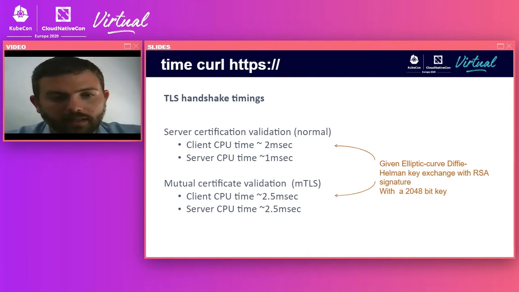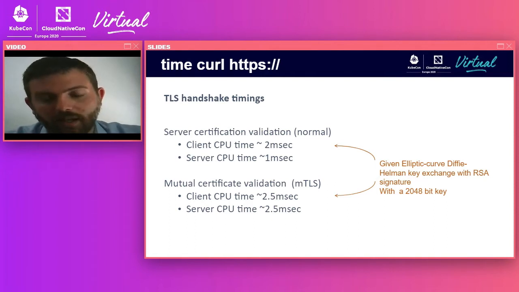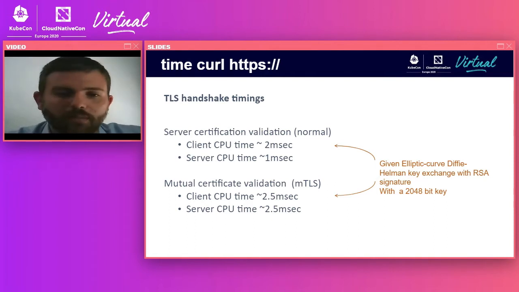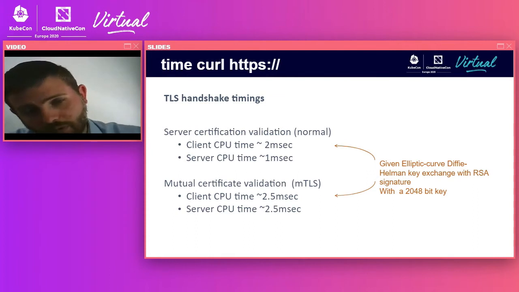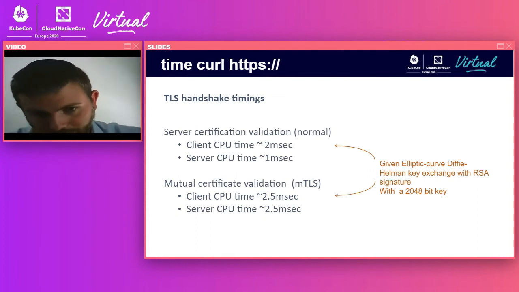And I got numbers showing that the TLS handshake in every connection takes around 2 milliseconds on the client side and around 1 millisecond of CPU time on the server side. This is for server certificate validation, but if we are doing mutual certificate validation by two sides, then obviously the client CPU time goes up, and server CPU time also goes up a little bit.